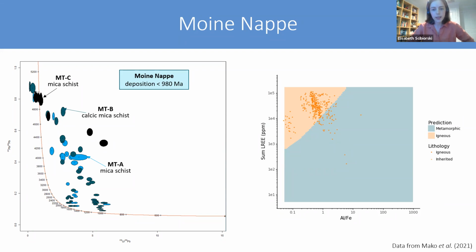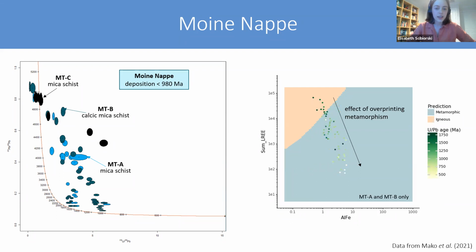So the igneous samples plot at high light rare earth content, low aluminium iron ratio, but the inherited igneous titanites, so that's igneous titanites in rocks that are overprinted by metamorphism, these start to trend down towards the metamorphic field, like this. So based on this, I'd suggest that actually what we're seeing here is that some of these Moine Nappe titanites are actually detrital igneous titanites with some evidence of a metamorphic overprint.